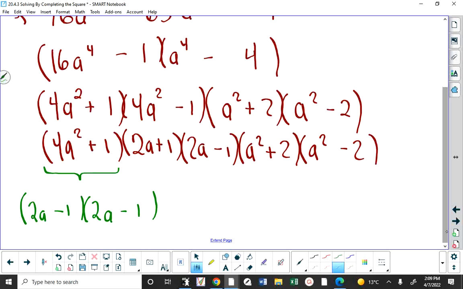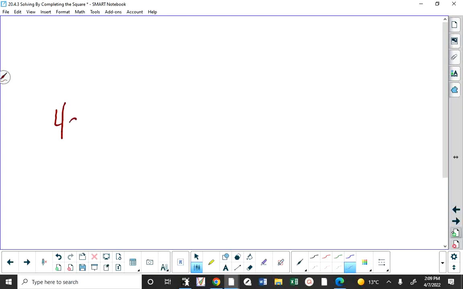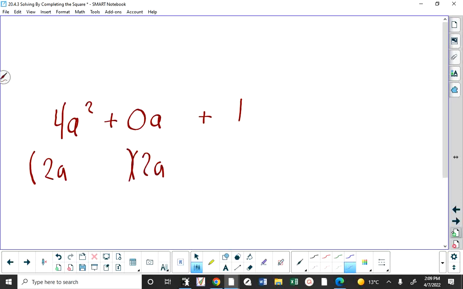The only way you can get, I don't want to mess this up too much, but if I put 0a here, which is what we have, you know what, I'm going to rewrite this. 4a squared plus 0a plus 1 is what we're factoring, right? The only way you're going to get the 4a squared is to have 2a and 2a.